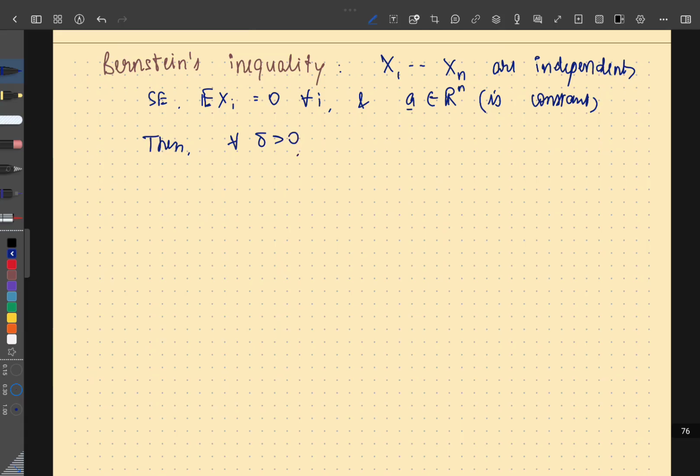Then for all delta greater than 0, we can derive a tail bound on the probability that the summation i equal to 1 to n of ai xi is greater than or equal to delta. Now this exhibits the kind of tail behavior that we saw for the Poisson distribution. For small delta, this probability decays as delta square. For large delta, it decays as e to the minus delta.